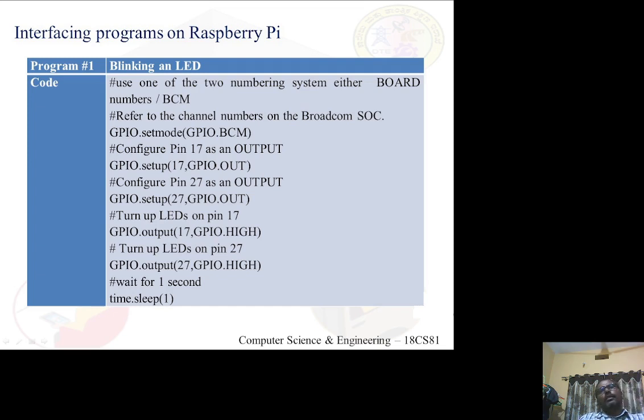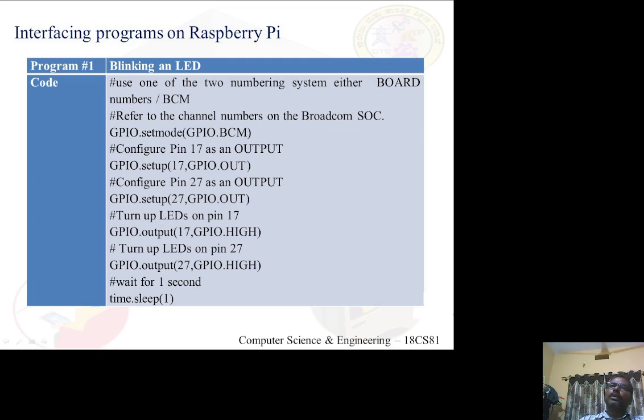So now, to turn on the LED that is connected to pin 17, I need to pass a high value, that is GPIO.HIGH, to pin 17. So it will turn on LED 1.